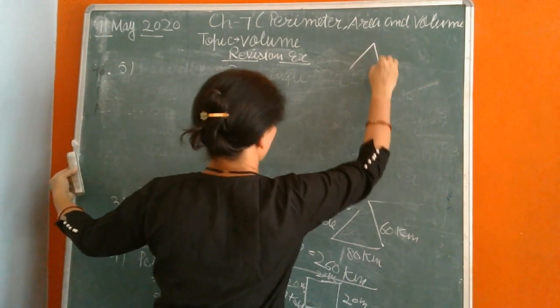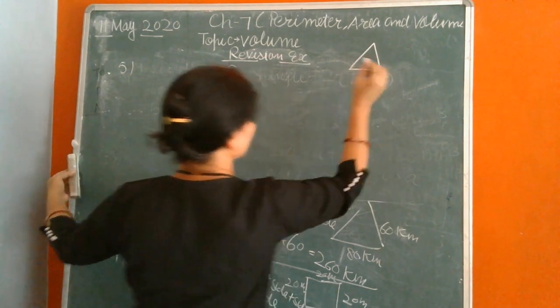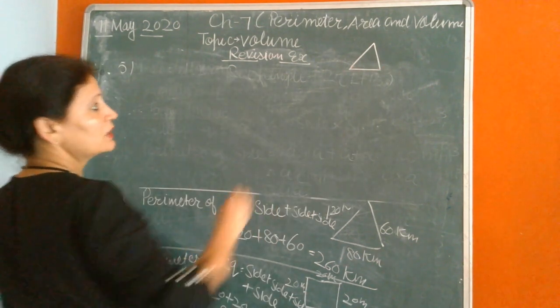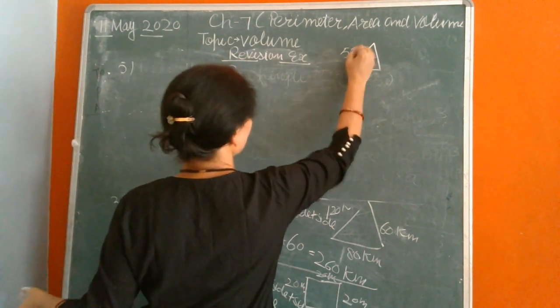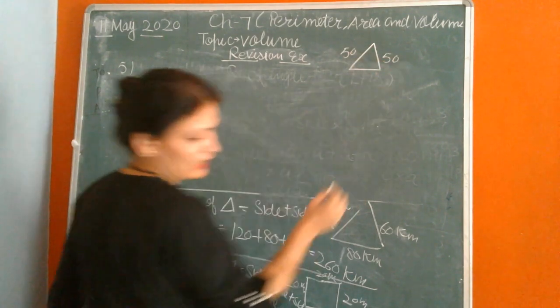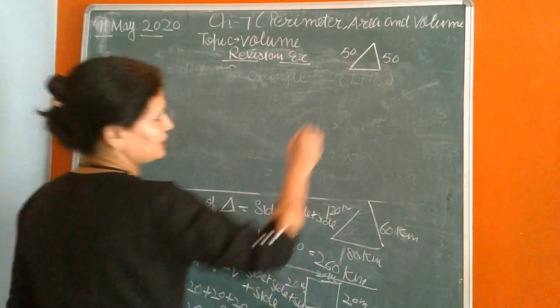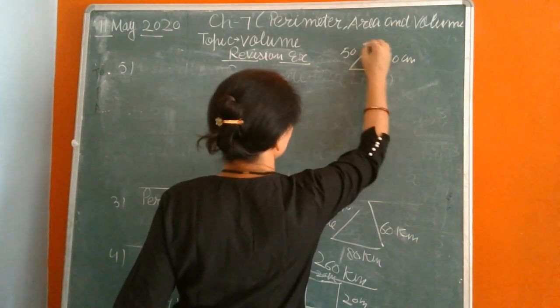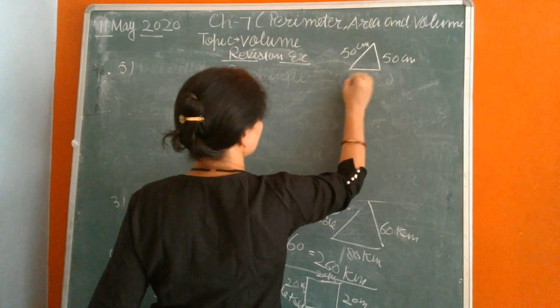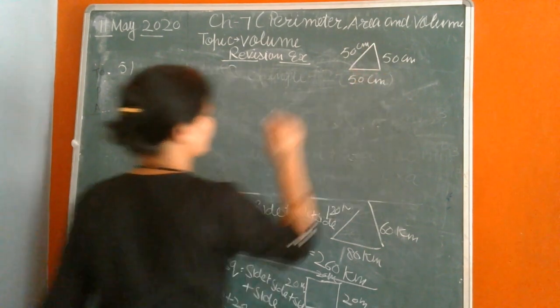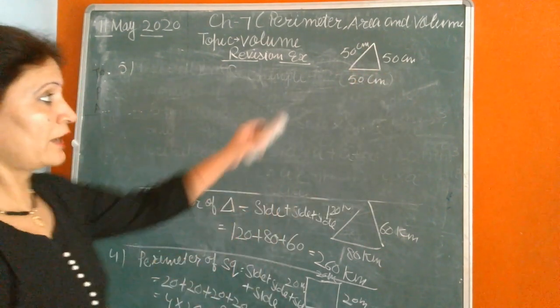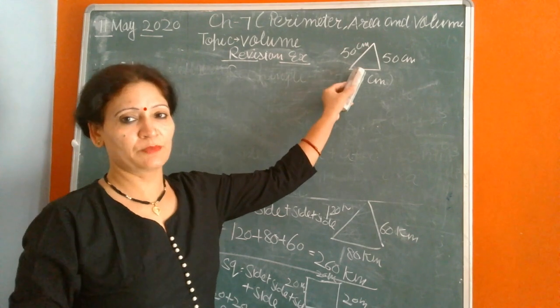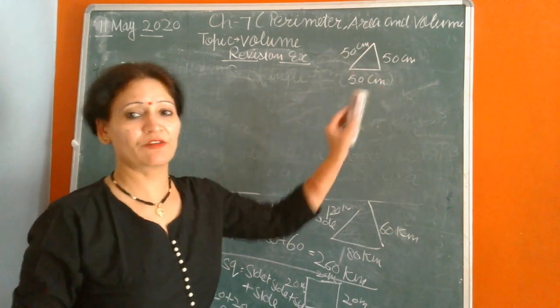A triangle whose three sides are equal is called an equilateral triangle. Each side is 50 centimeter. This is an equilateral triangle because all sides are equal.